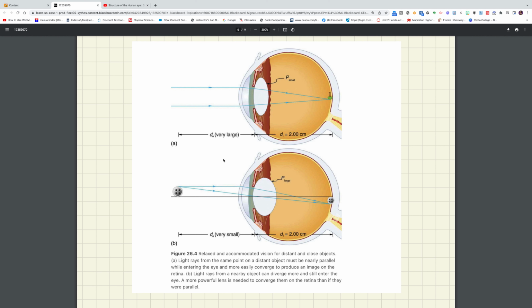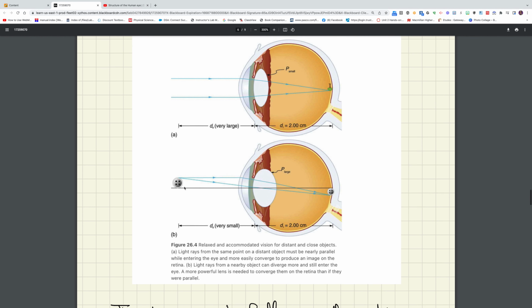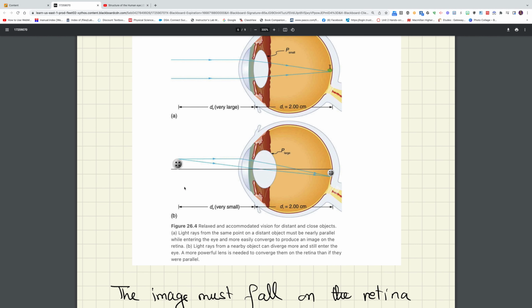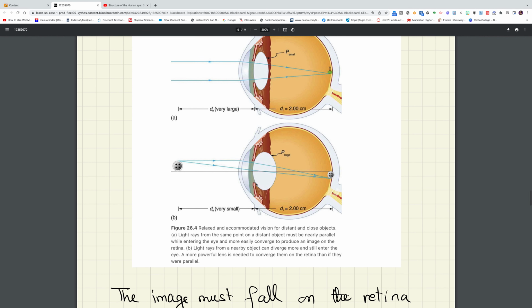But when the object is close, meaning the distance of the object is very small, the lens is going to change, and therefore we're going to have this type of image.